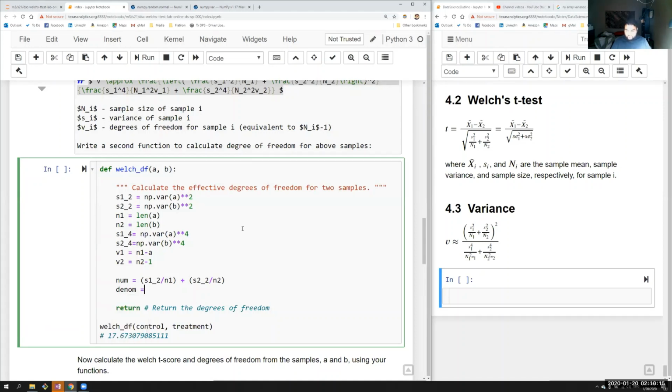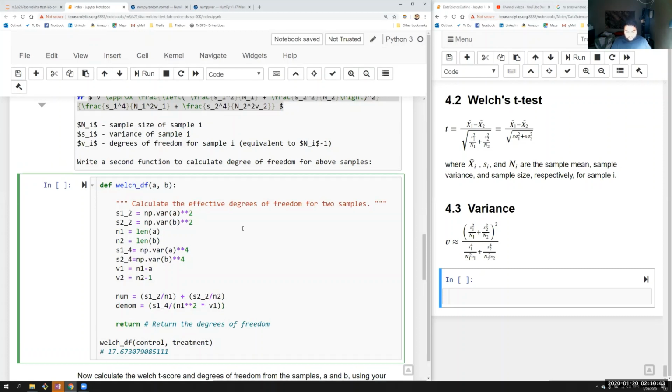Our denominator should be S1 to the 4 over n1 raised to the power 2 and multiplied by v1, and we're going to put that in parentheses, and we're going to put that in parentheses as well.